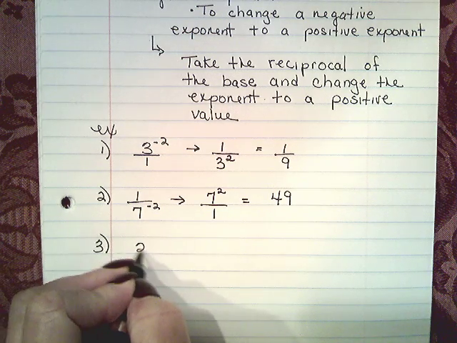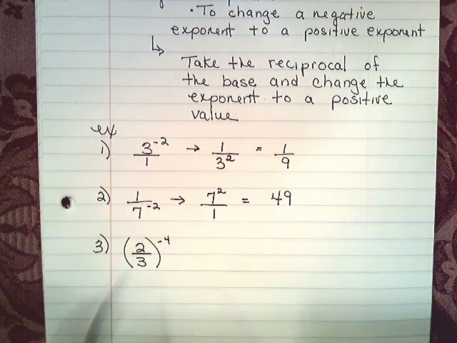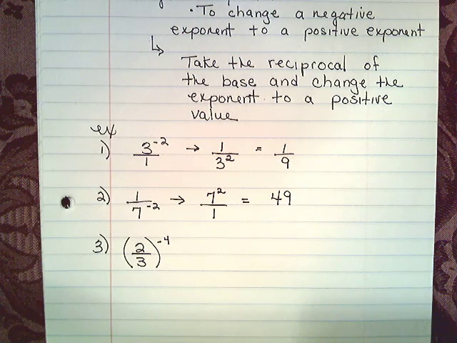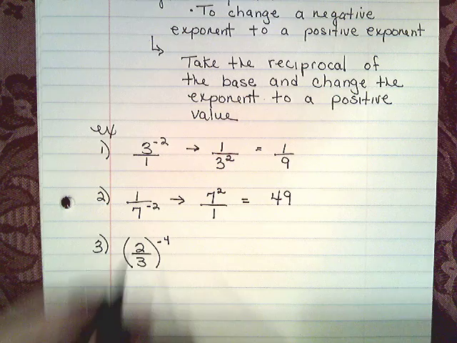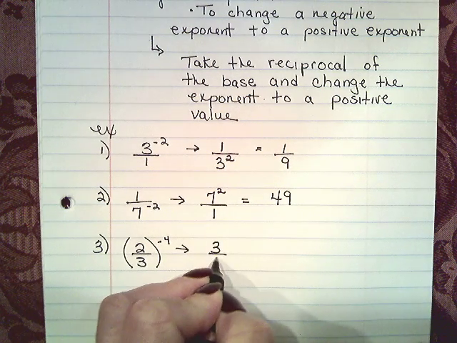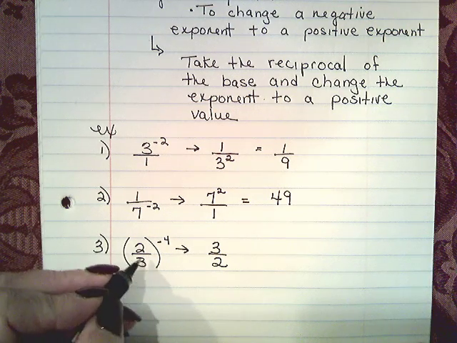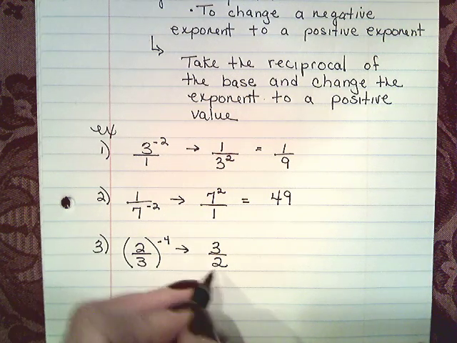Now what if I had 2/3 to the negative 4th power? Okay, so I have a fraction. How do I get the reciprocal of that fraction? I would flip it first. So now that's going to become 3 over 2. I flipped the fraction to its reciprocal.